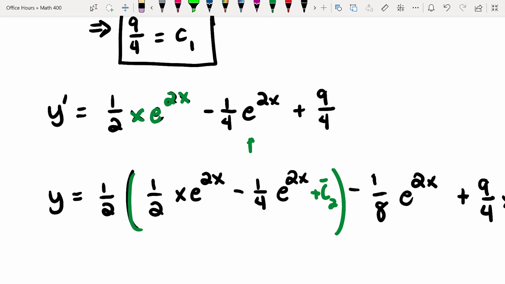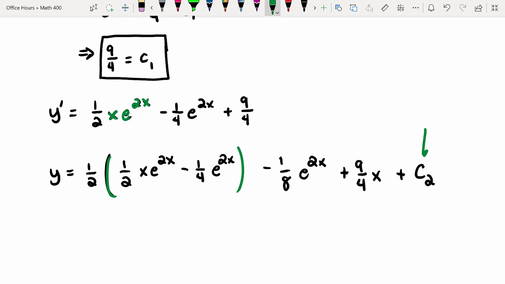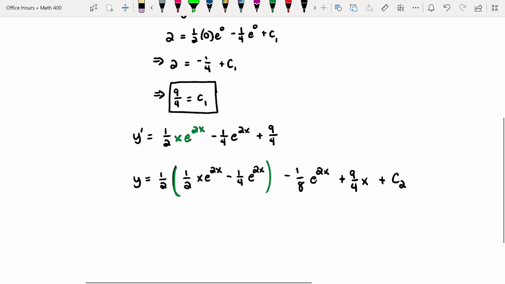However, you can just glue all those constants of integration together into one constant, which I shall call c sub 2. Even though you might say, wait a second, but the constant of integration from this group is being multiplied by half. That's fine. 1/2 times a constant is still just a random arbitrary constant. It's arbitrary until I go ahead and use my initial condition, that is.